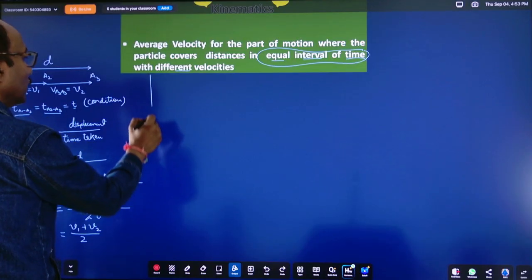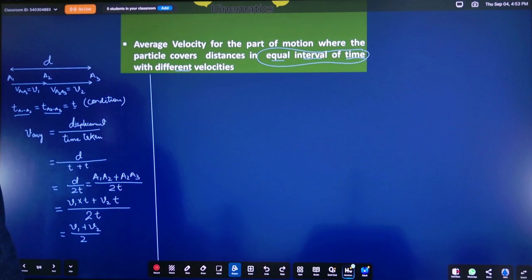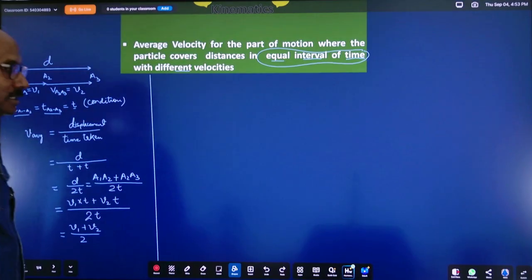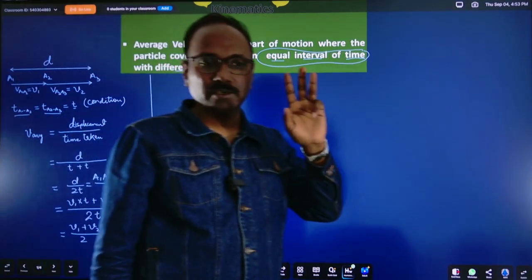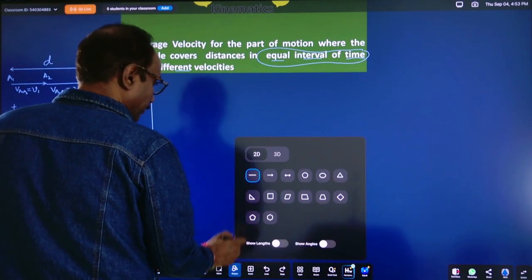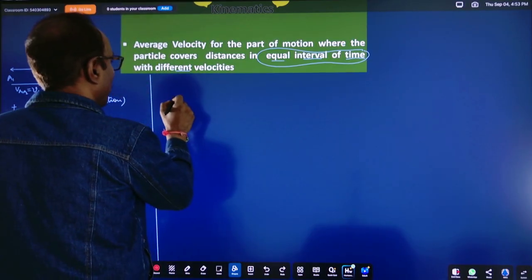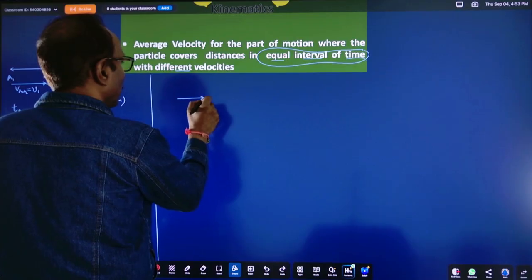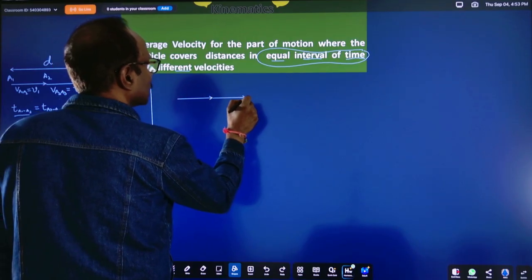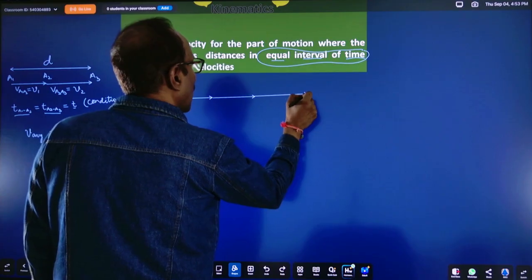Now we take the situation where the distance is covered in 3 equal interval of time. One, 2 and 3.